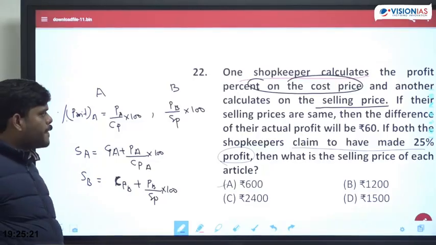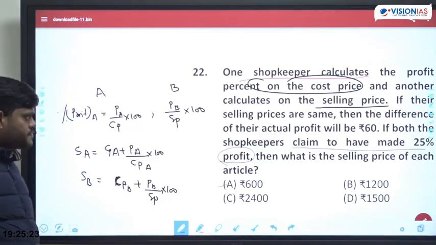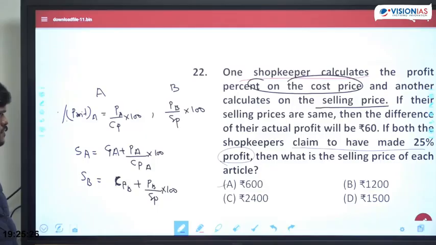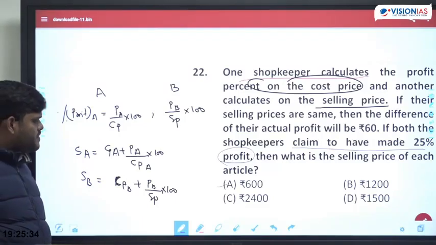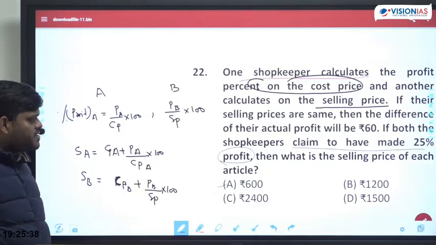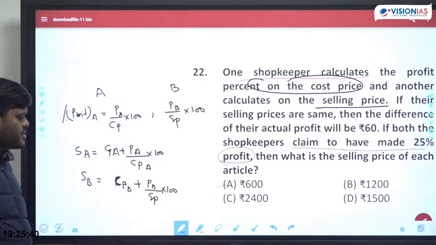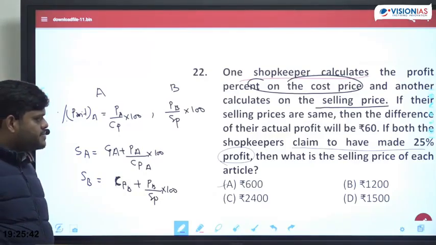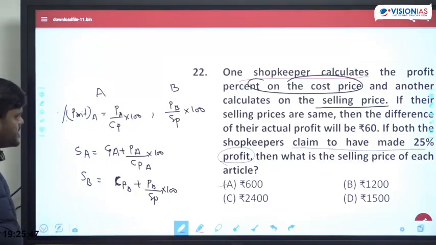Okay. Actually, too much information is given. Let me take 1 minute. Just give me 1 minute. Let me find out the logic here. A shopkeeper calculates the percent of profit on cost price, another calculates on selling price.